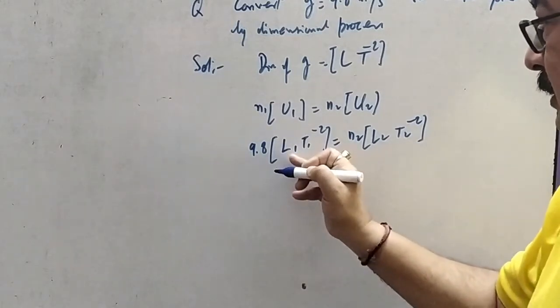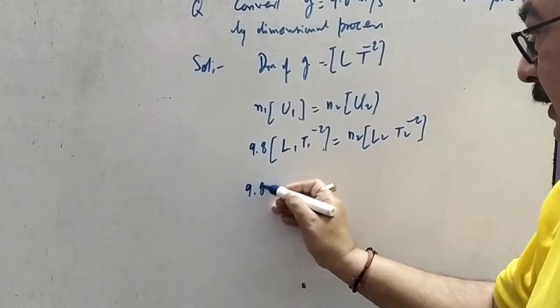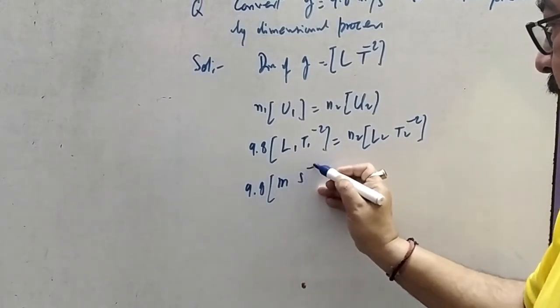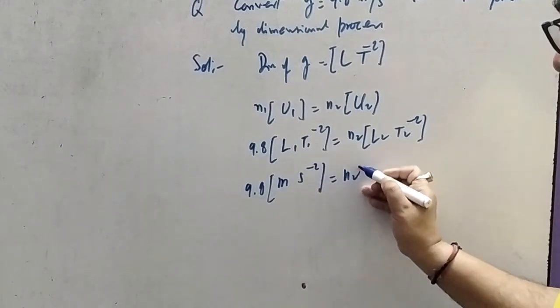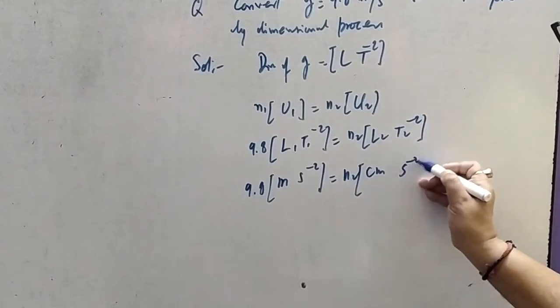Now we put the corresponding unit system: for the first, 9.8, it is meter second minus 2, and N2 we don't know, here we write centimeter and second minus 2.